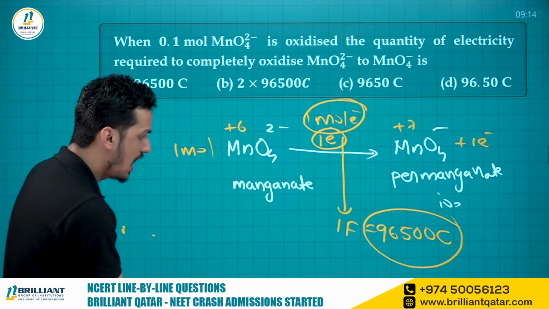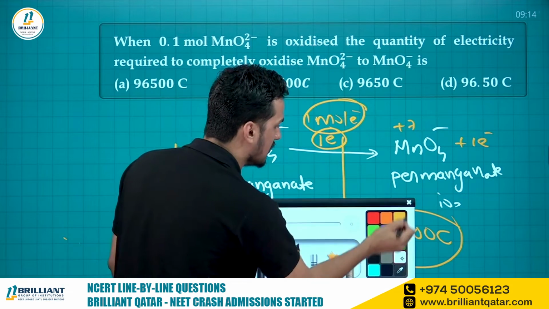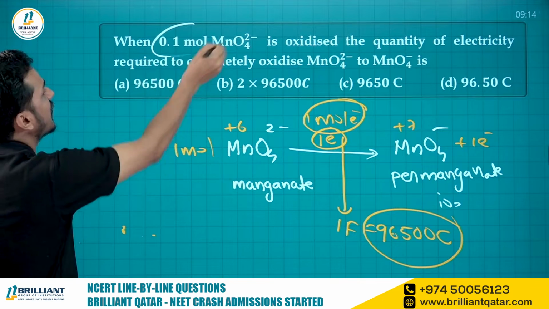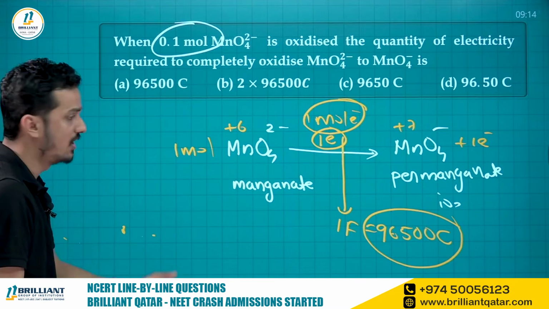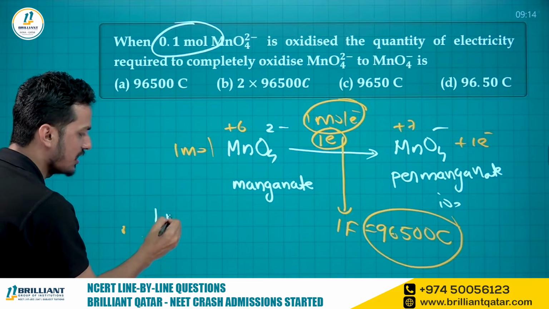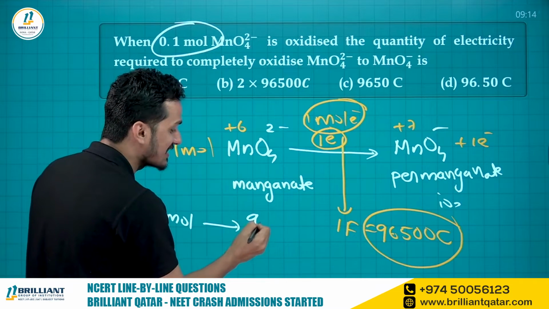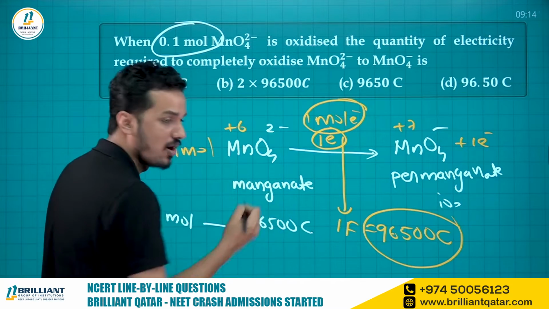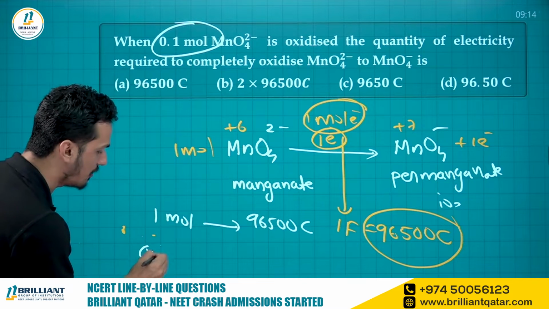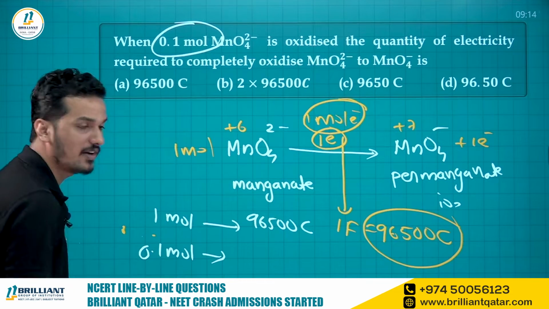But how much MnO4 2- have they given you? They are talking about 0.1 mole. So for 1 mole, listen to me carefully, guys, 96,500 coulomb. So for 0.1 mole, what will happen?